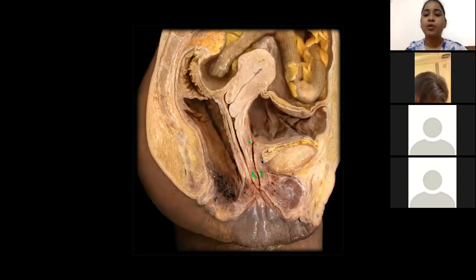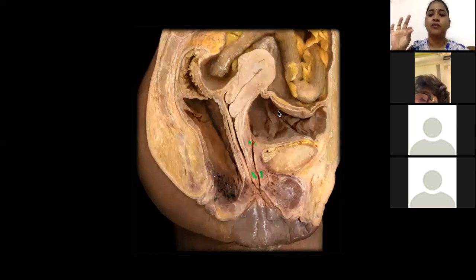Okay, we'll move to the next portion, that is the uterus and vaginal cavity in detail. Now see here, this is the vaginal cavity, with the uterus inside it. Now, how to identify the uterus? If you feel the rest of the structures, that is the rectum and urinary bladder, all are thin walled.